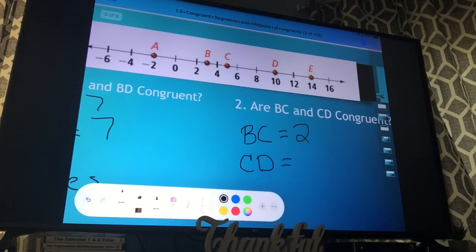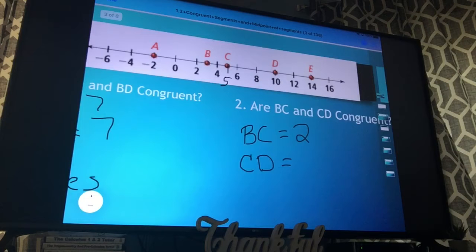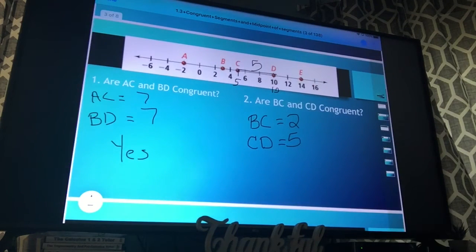C starts at 5 and D is at 10. From 5 to 10 would be 5 units. So BC equals 2 and CD equals 5. Are they congruent? No, they're not the same number. They're not even close to the same size segment. So just write no.